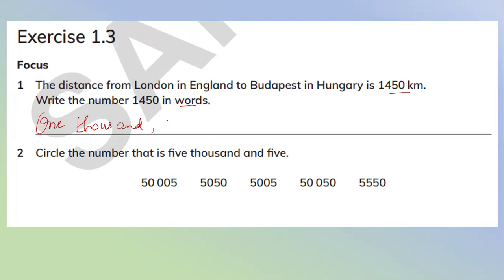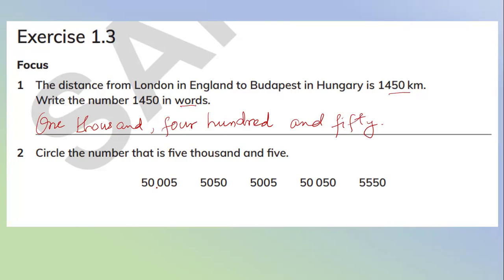And 50. Okay, number 2, circle the number that is 5,005.